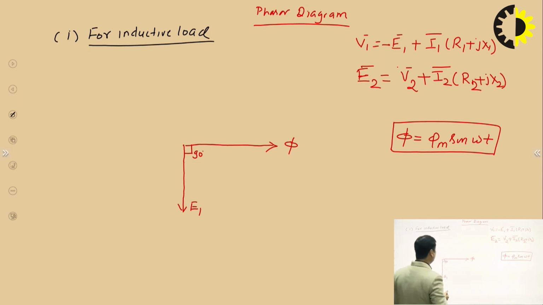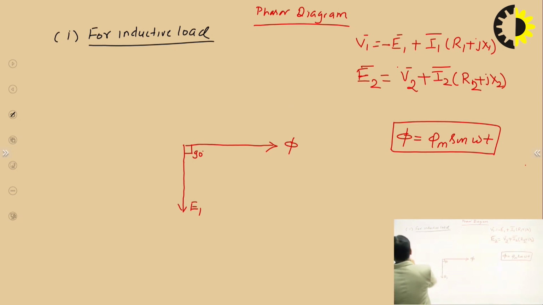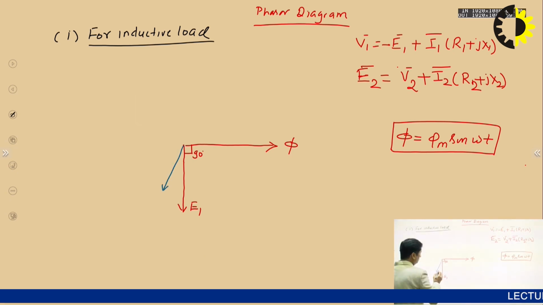Now another thing is that we have assumed that the load is inductive, so current will lag the voltage V2 by some angle. Let us take another angle. This is my V2.